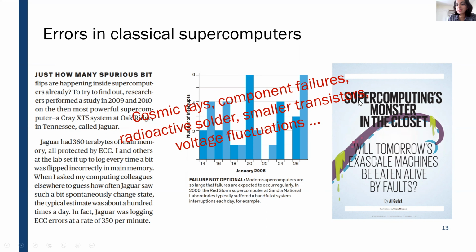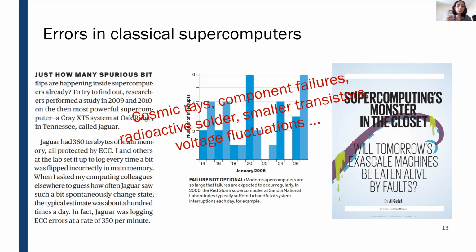There's a really interesting article called "Supercomputing's Monster in the Closet." If you read this article, you find out that many of the techniques they propose for running algorithms on the next generation of classical supercomputers share the same mindset as designing algorithms for NISQ computers: trying to make those algorithms for exascale computers resistant to noise, incorporating some resilience to bit flips and things like that.